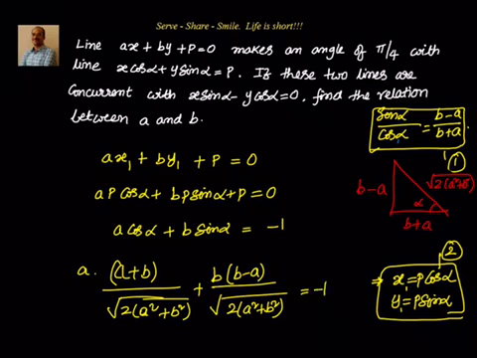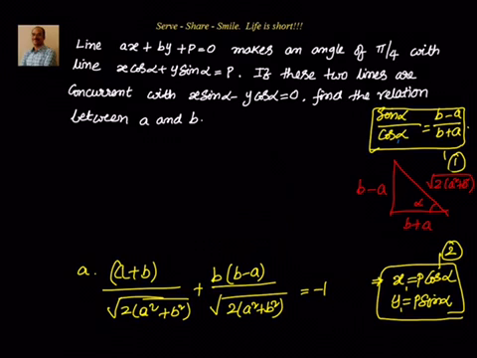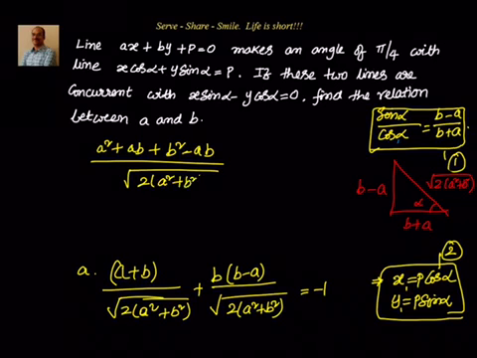We are just 2 steps away from our final answer. Now we simplify that. We get a into a plus b, a square plus ab, plus b square minus ab. Can I write that in the numerator? a square plus ab plus b square minus ab divided by square root of 2 into a square plus b square, and that is equal to minus 1.